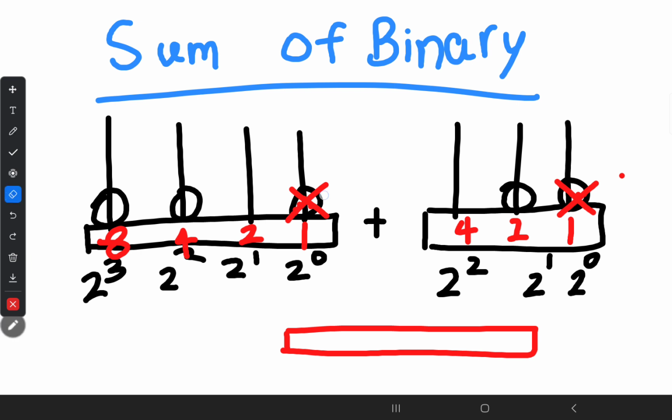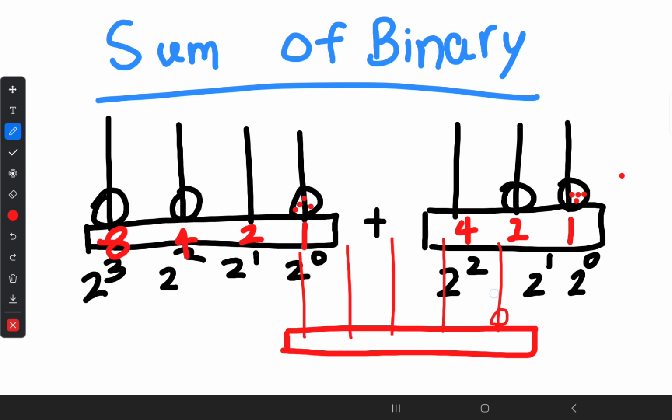I'll explain that in detail again. There are two blocks here. What it means is, when we need to draw that, here there are two balls. I'll draw that now. Then here, in 2 to the power of 1, only one block. 2 to the power of 2, one block. 2 to the power of 3 also has a block.